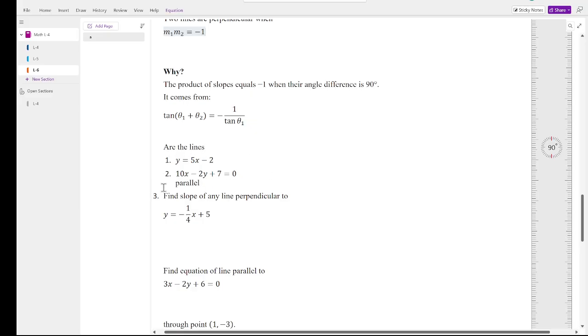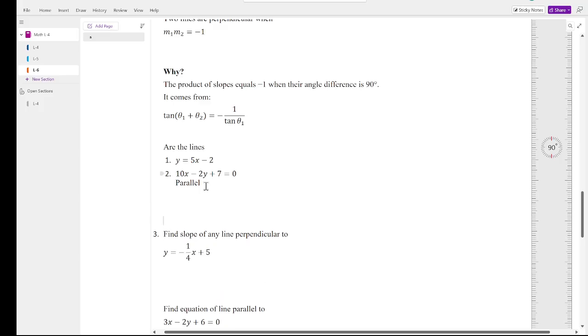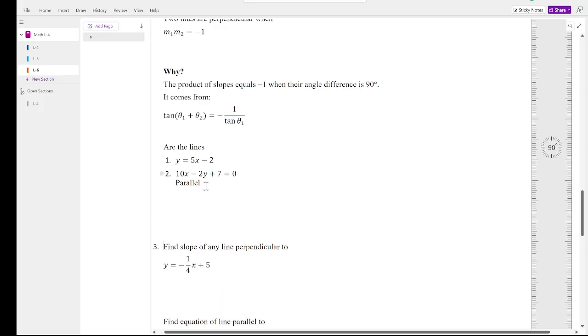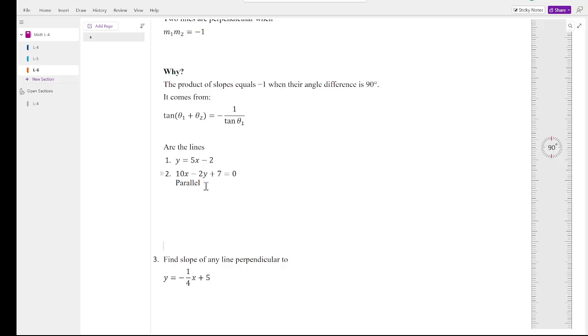The question is to check whether the lines are parallel or not. When the question comes about parallel or perpendicular, we focus on the slope m, because the lines are parallel if their slopes m1 equal m2.